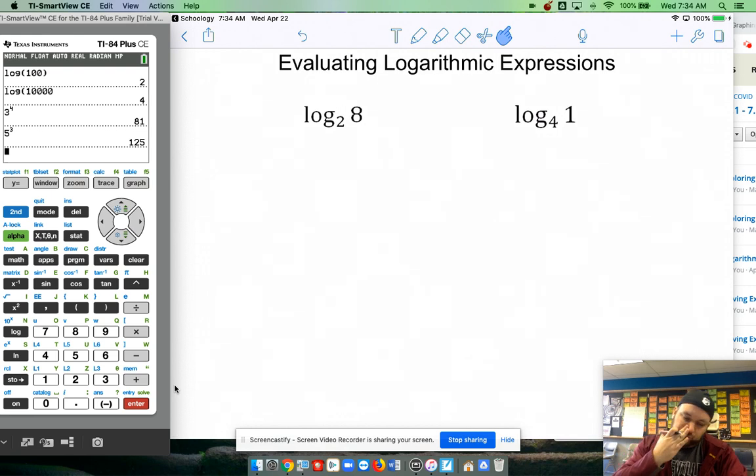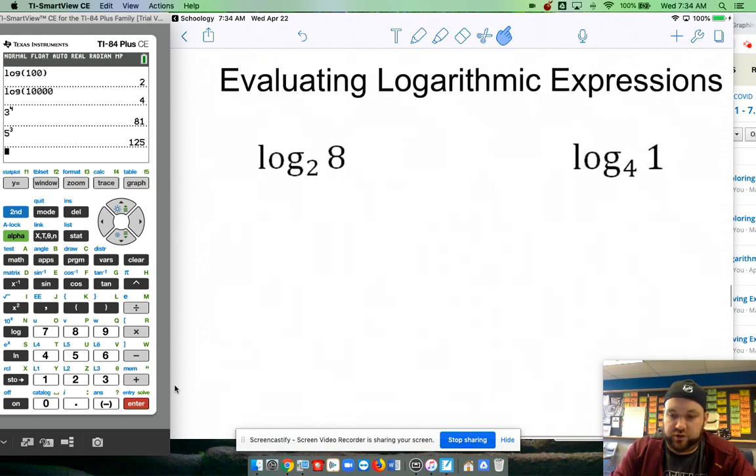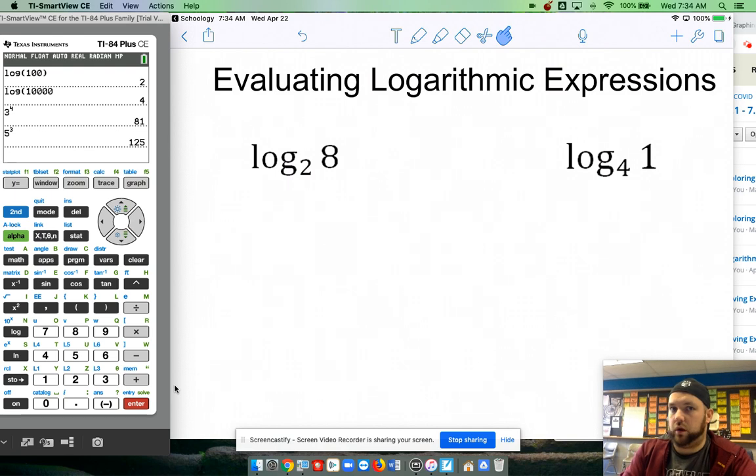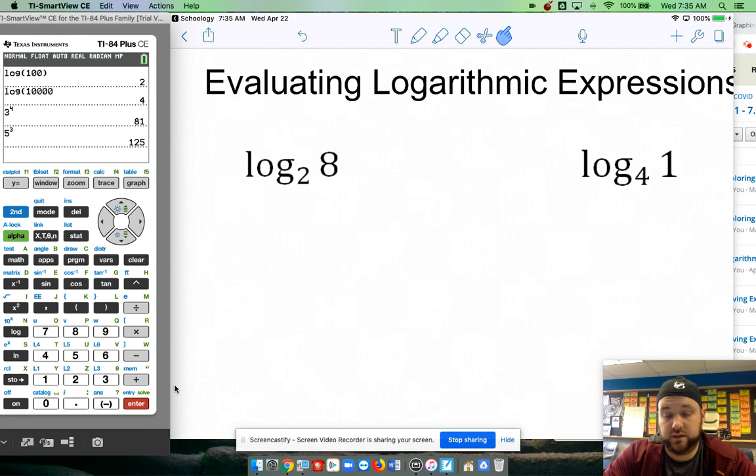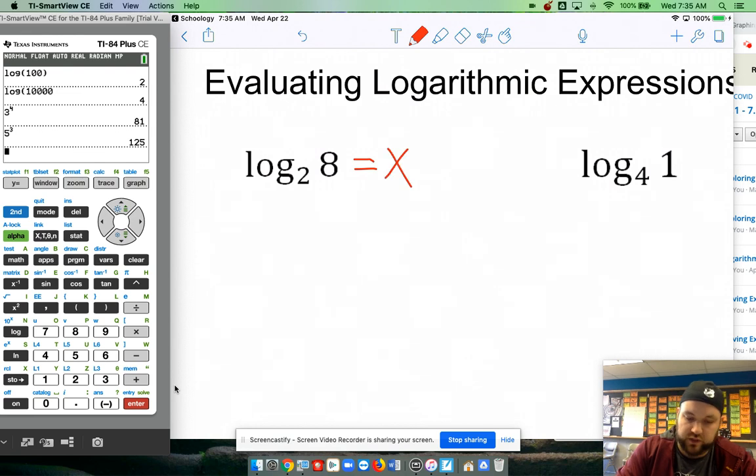So here's where we want to go with logarithms. If you see something like log base 2 of 8, we want to know, what does that equal? What is that value equal to? There are a couple different ways you can do it. I'm going to show you how to use the calculator in just a second, but let's think about what this is asking.